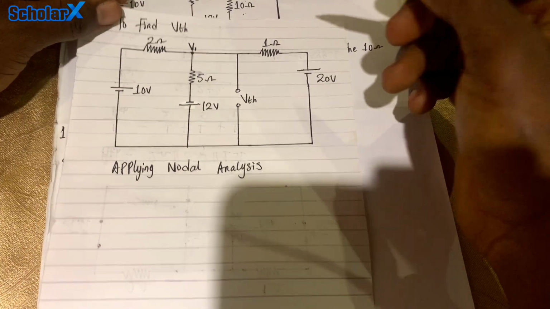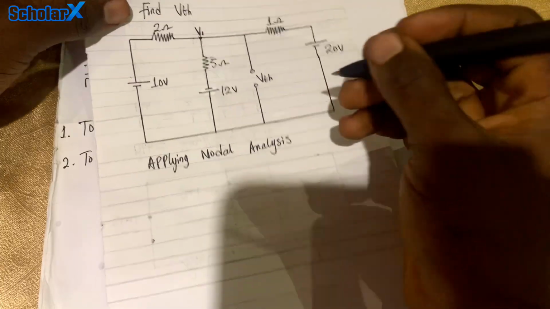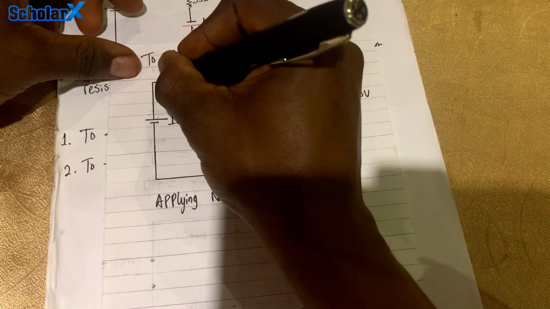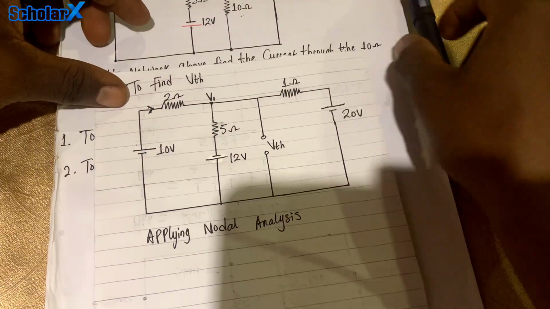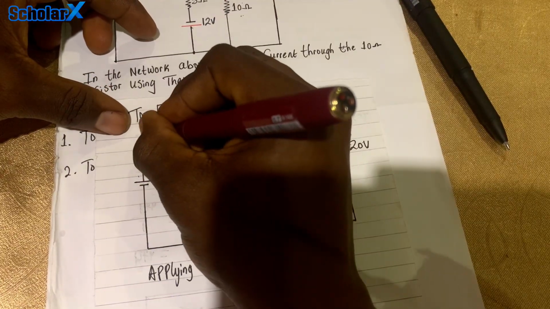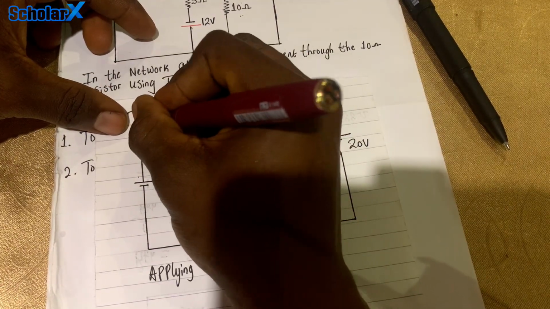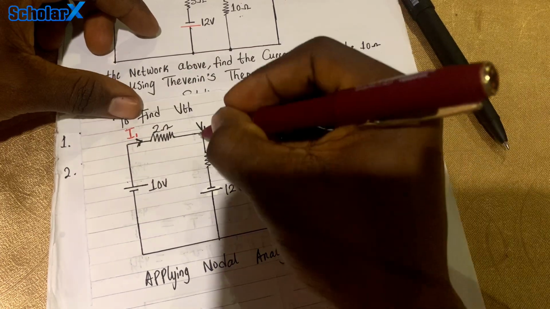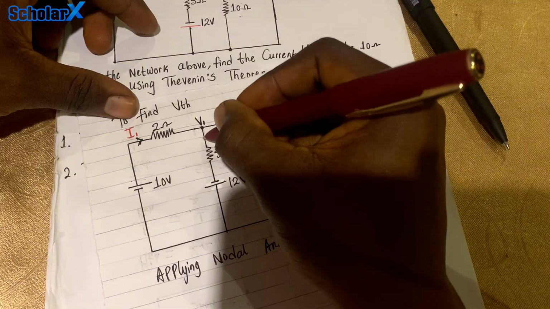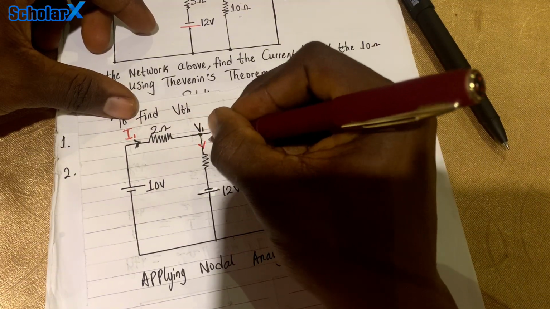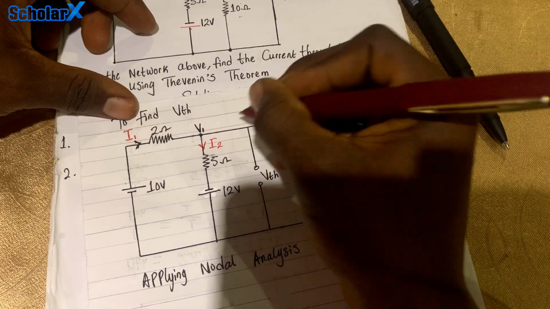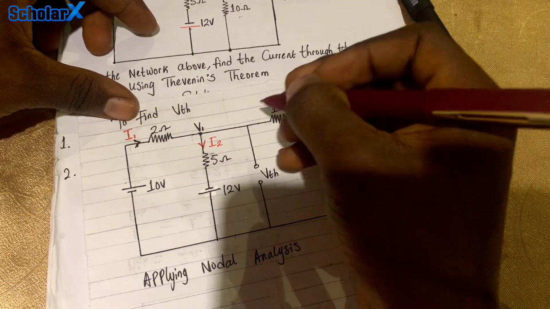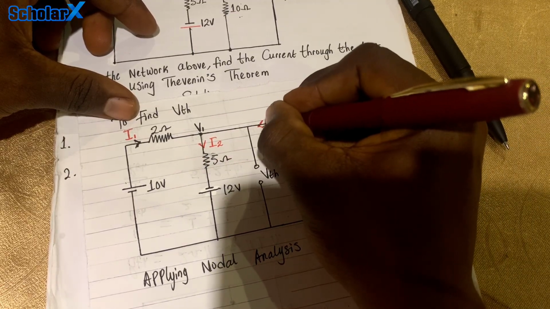So now, applying nodal analysis. This current is flowing from here down to here. Let me use a red pen. Let's call this I1. Then this current is going to flow from here and enter here, so let's call this I2. And then this voltage source is coming from here, flowing in this direction.